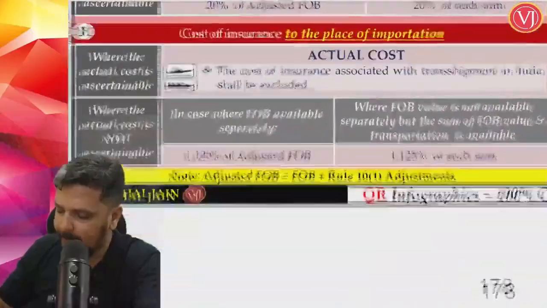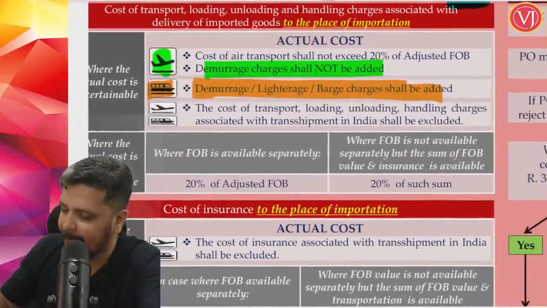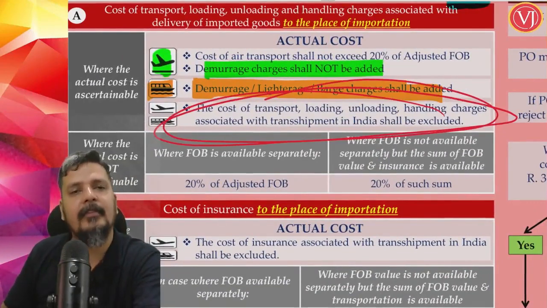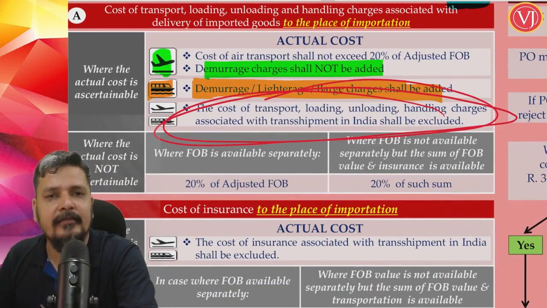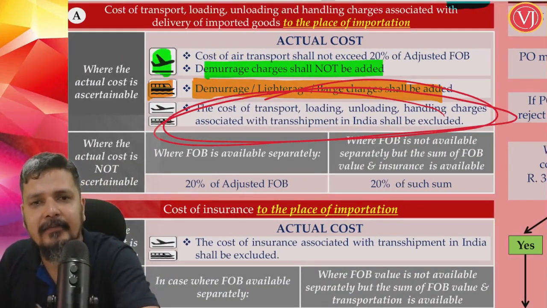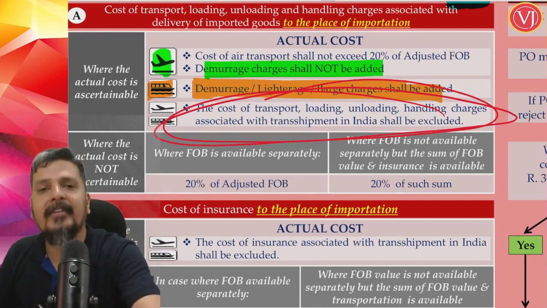Now, another point that you need to remember: anything which is happening in India will not be added. The goods have reached the first point in India. After touching the first point, any transportation charges will not be added. The goods have reached Chennai port.